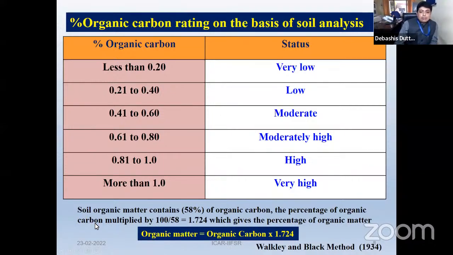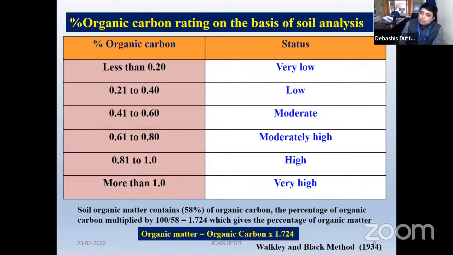Soil organic carbon and soil organic matter are two different things. Many times we think that organic carbon and organic matter are the same, but they are not. Organic matter is organic carbon multiplied by 1.724.